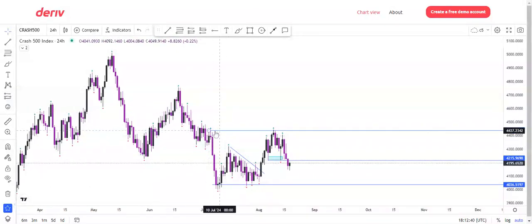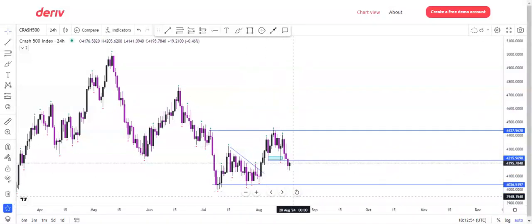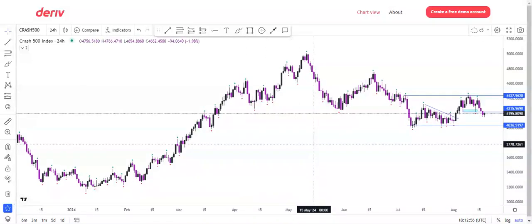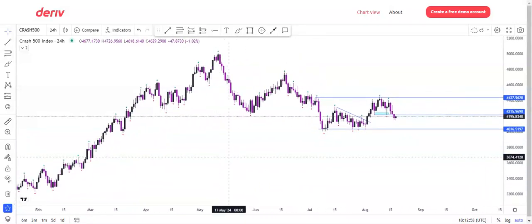The market came to this POI over here, and then we rejected at this POI over here, and what are we expecting?